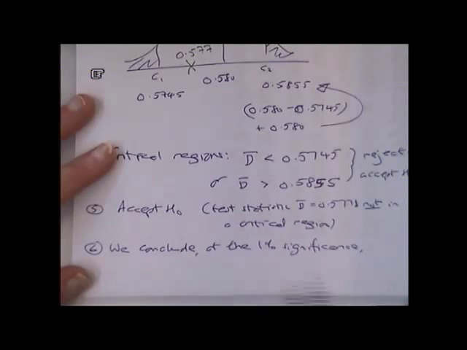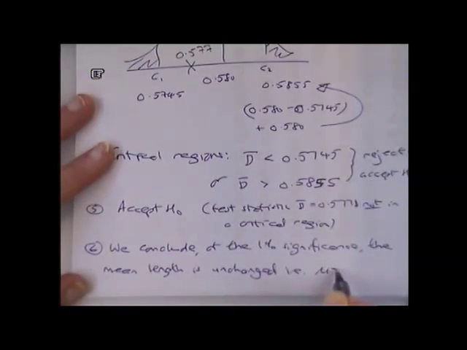But at the 1% significance level, we conclude the mean length is unchanged, i.e. mu is still 0.580 centimetres.